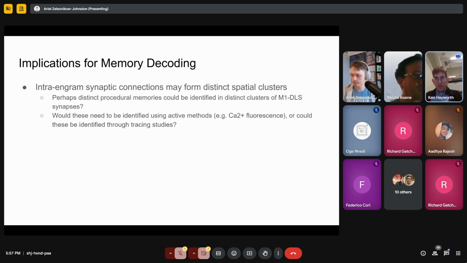You know, it's an amplification at the very least. But if they didn't find clusters, if there literally were no clusters, that wouldn't change my mind about this paper. They found that they had more synapses, and they found that they were stronger.